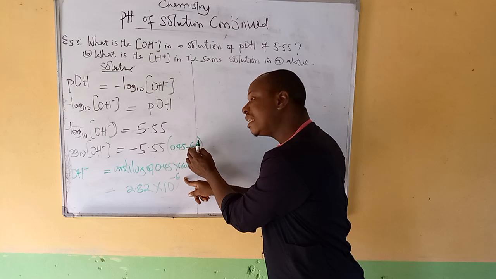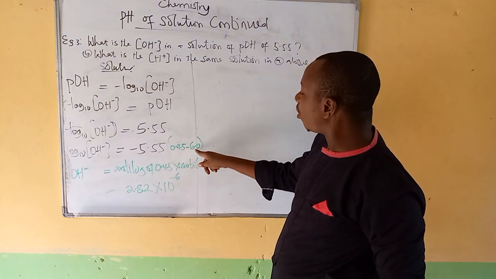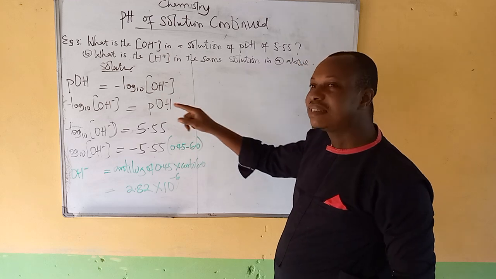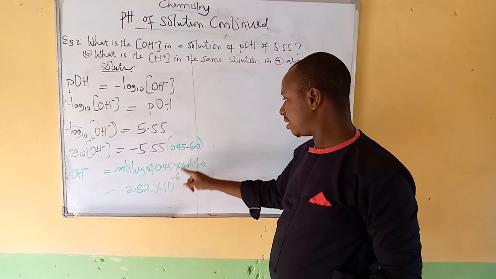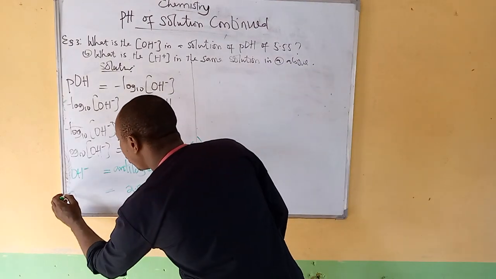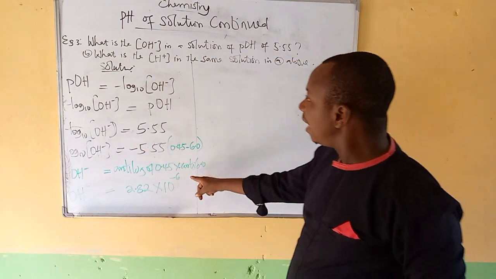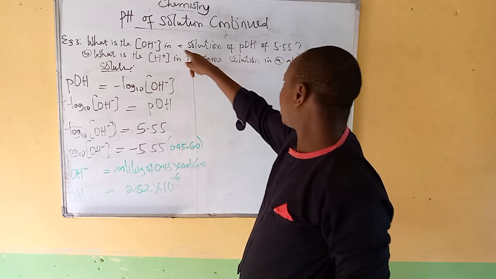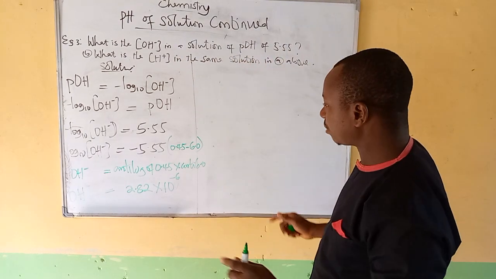But because of the fact that it has a negative sign, you raise it up. That is why it is 10 raised to power minus 6, because of this negative sign. So this is the hydroxide ion concentration in this solution that has pOH of 5.55. That is A part of the question.